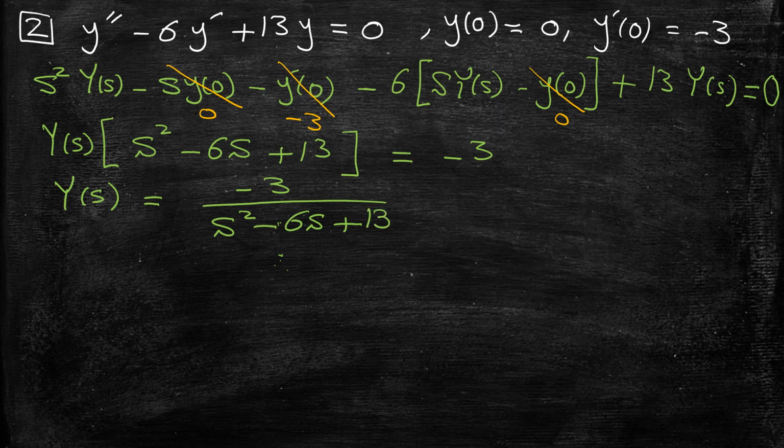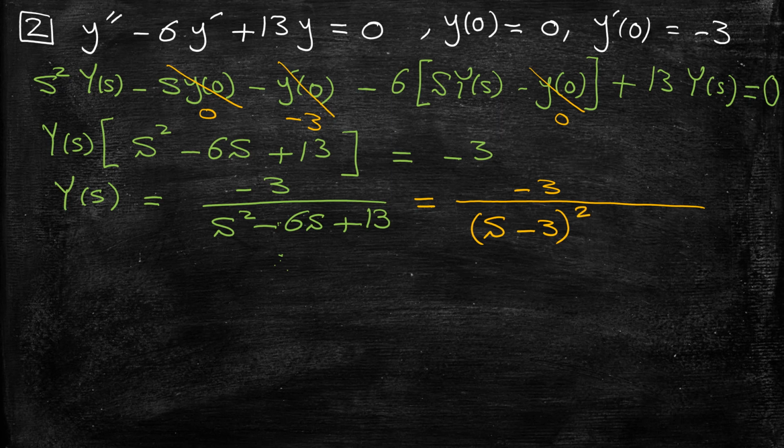For the simplification, we can't do partial fractions here. There is no factorization that can be done, so we'll complete the square. So this will be s minus 3, which is half the 6 here, squared.